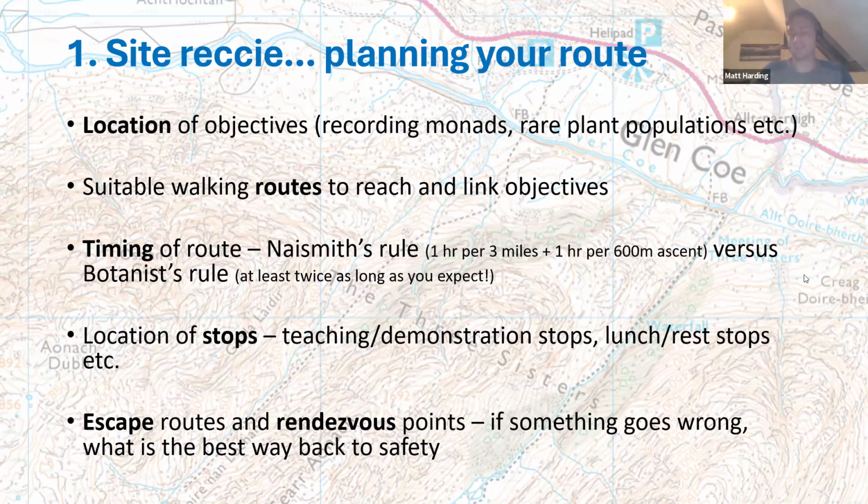And that will be much more satisfying for the people you've got with you than not quite making it to the, I don't know, alpine catchfly site or whatever it might be that they've driven hundreds of miles to come and see.